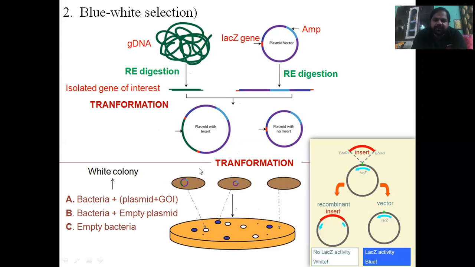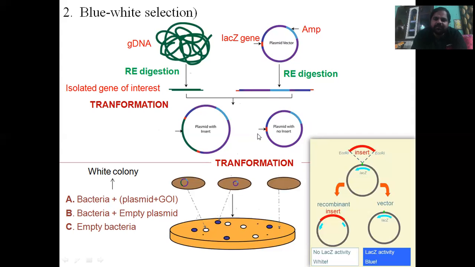Now there is the condition of growth of two types of bacteria. This one means plasmid with our gene of interest, and empty plasmid. Now we will see the condition in this plasmid. So in this plasmid, the LacZ gene is intact because no gene has been inserted inside this LacZ construct.